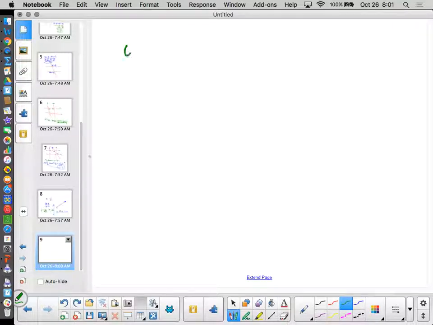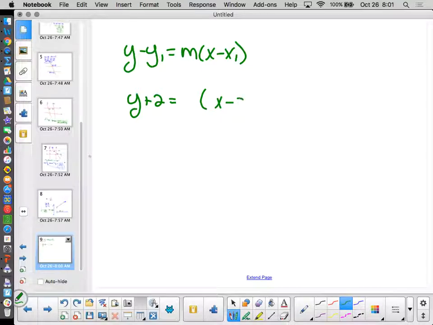Again, we use our point-slope form. Make sure you know that. You will need that for all these problems. For number 1, we got the point 3, -2, so y plus 2, x minus 3. And the slope is going to have to be what?